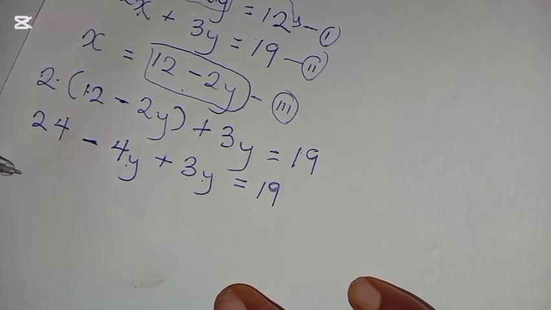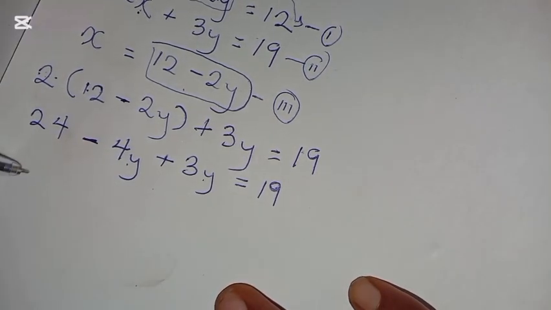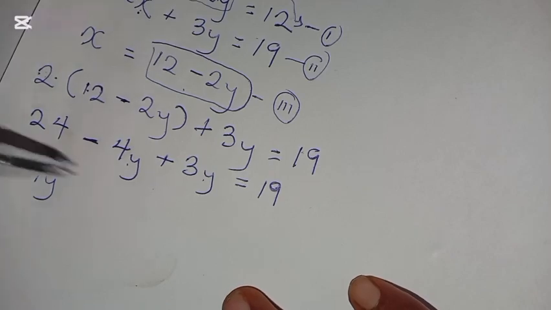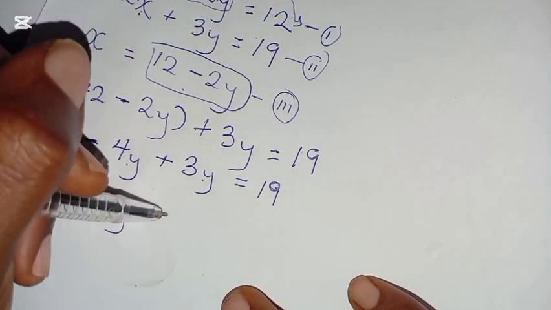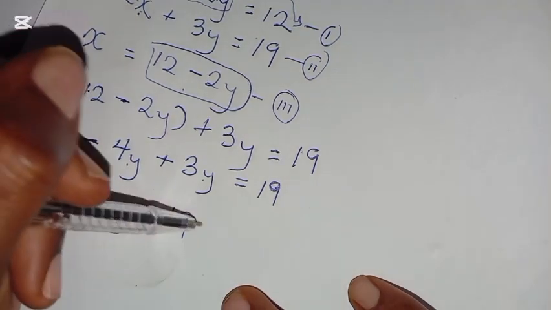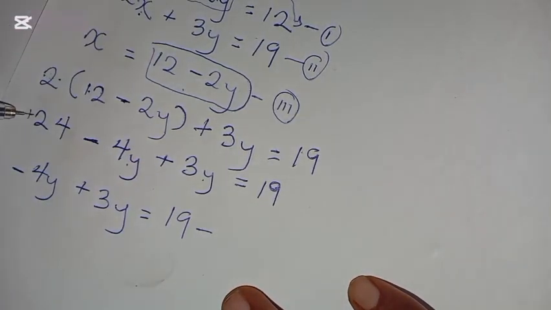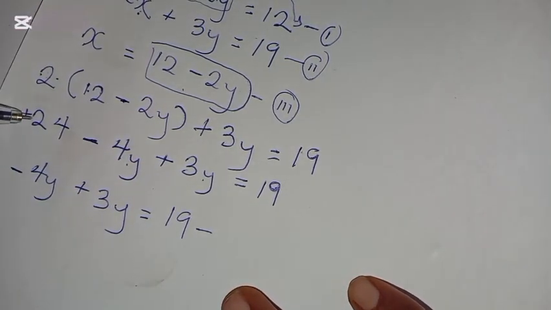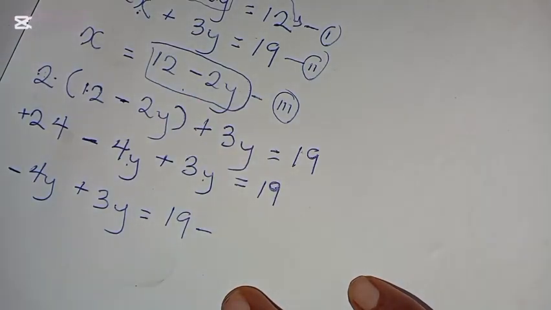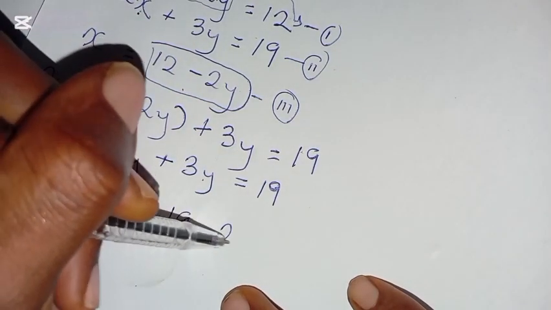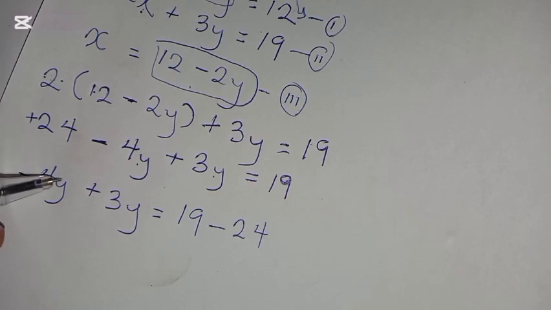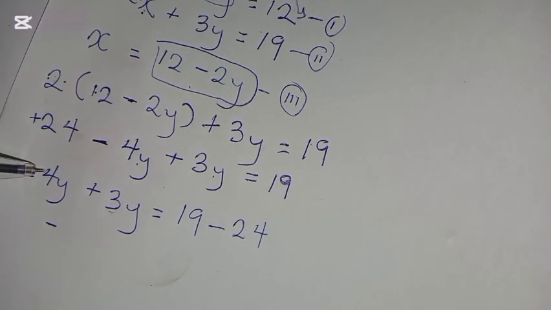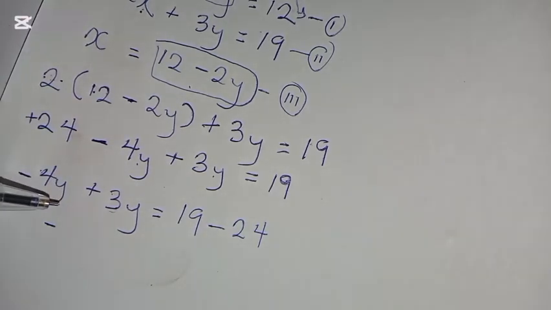So what we're going to do is we put minus 4y plus 3y equals 19 minus, see now, this one had a plus here, so we moved it to the other side. It gave us negative 24. So now minus 4y plus 3y is minus y, because minus 4 plus 3 is minus 1.